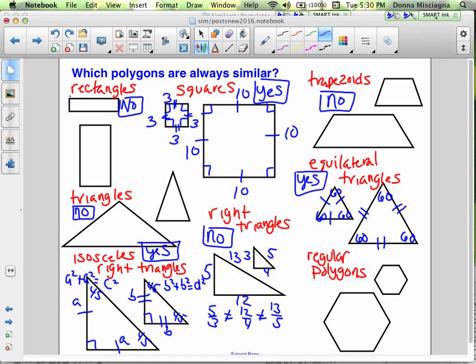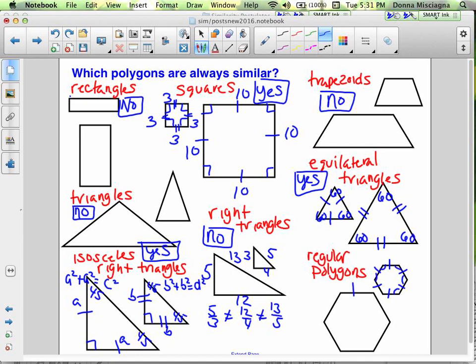If you've noticed, an equilateral triangle is a regular polygon with three sides. A square is a regular polygon with four sides. The same property is going to hold for all of our regular polygons, because whether you're a regular hexagon or a regular pentagon, all of your side measures are the same, and all of your angle measures are the same.